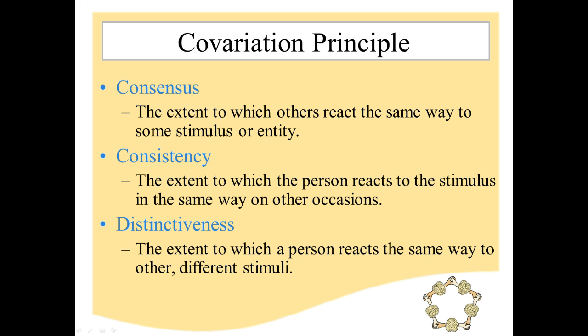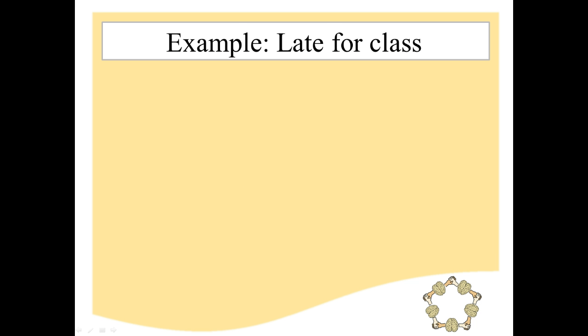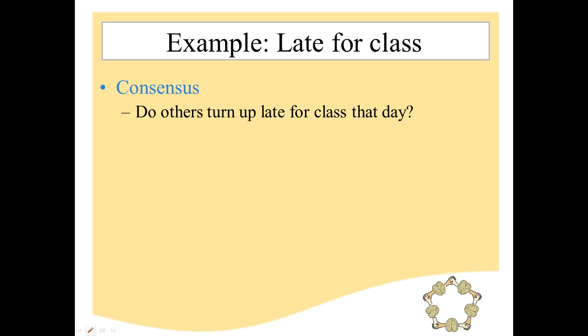Let's work this through with another example. Let's say you're in class one day and someone turns up 30 minutes late for class. Let's use consensus, consistency, and distinctiveness to work out how we would make attributions for this person who is late to class. So consensus would be, do others turn up late for class that day?